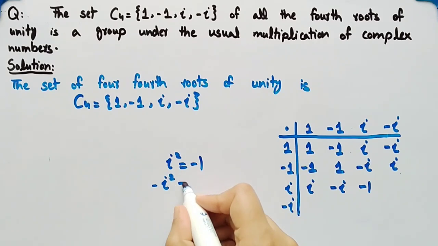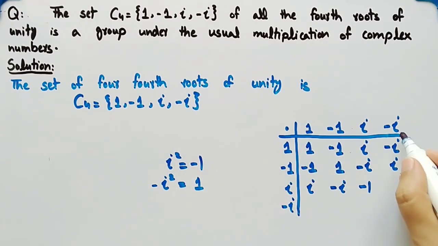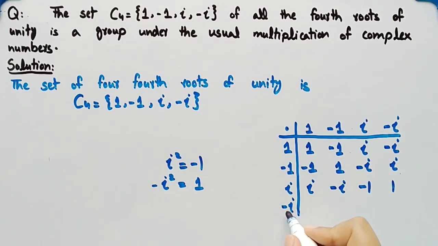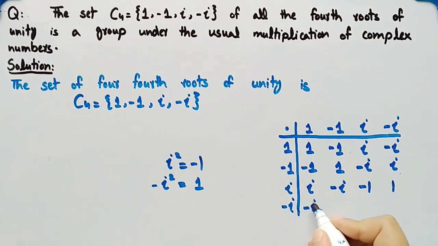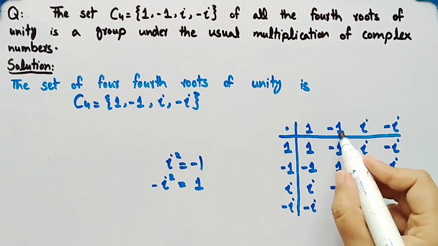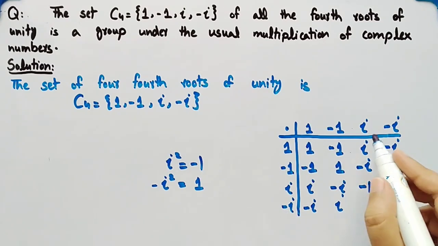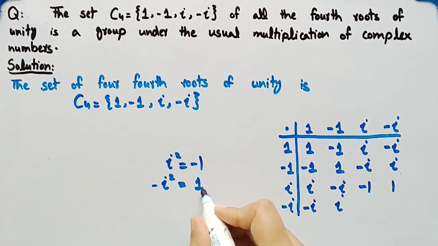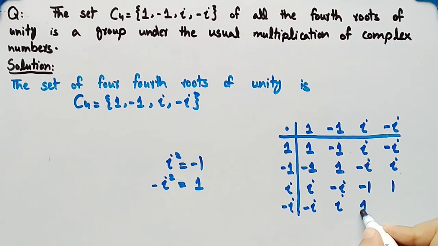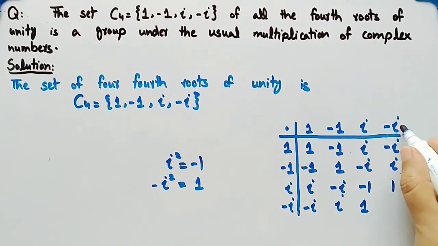So iota multiplied by -iota is 1. -iota multiplied by 1 is -iota. -iota multiplied by -1 is iota. -iota multiplied by iota is -iota square, which is equal to 1. -iota multiplied by -iota is iota square, which is equal to -1.